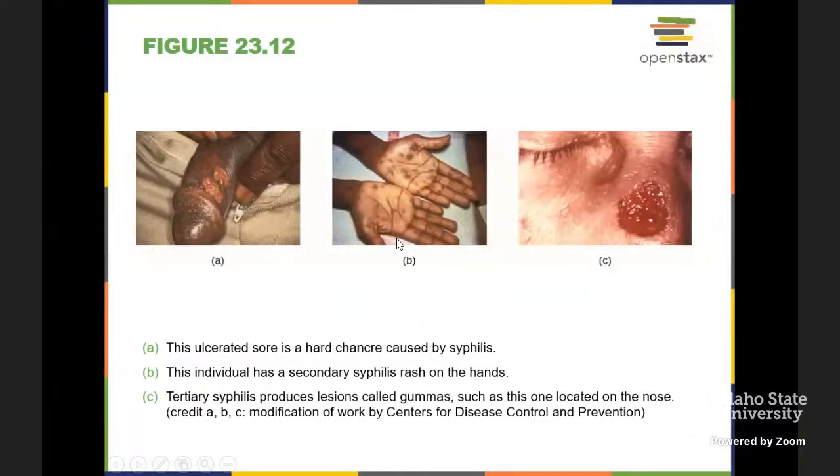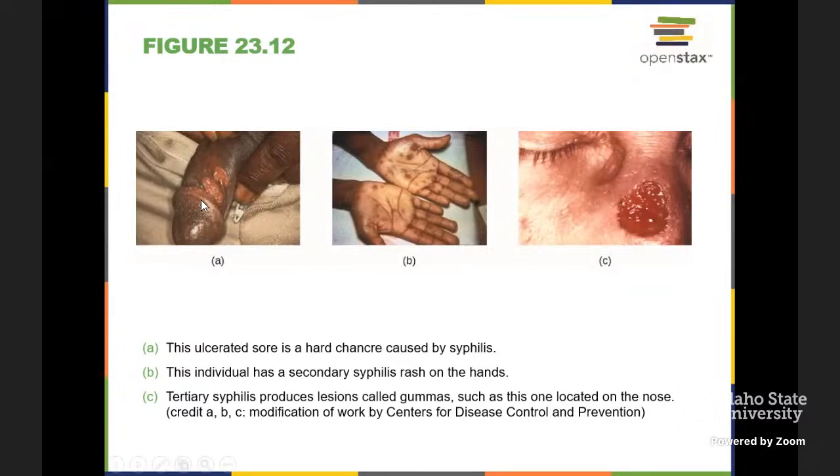So, next image is syphilis. A spirochete, Treponema pallidum, is the bacterium. There are three stages of syphilis, and we've got them diagrammed here. The primary stage, there's an ulcerated sore, a hard chancre, and we will compare and contrast the littlest bit between syphilis and Haemophilus here in a second.